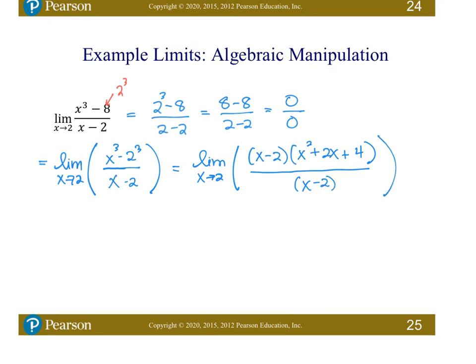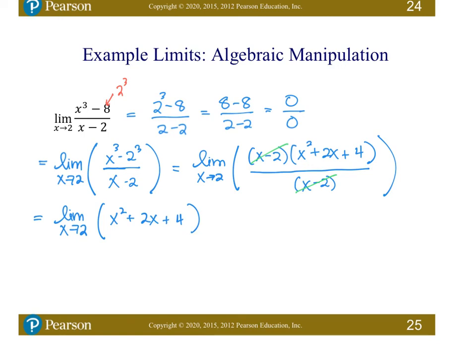Now I can reduce. Because I've factored, I can take my x minus 2 as a quantity in parentheses and reduce it with another x minus 2. So again, I'm still doing algebra. So I put equals, limit, parentheses. What I have left is x squared plus 2x plus 4.